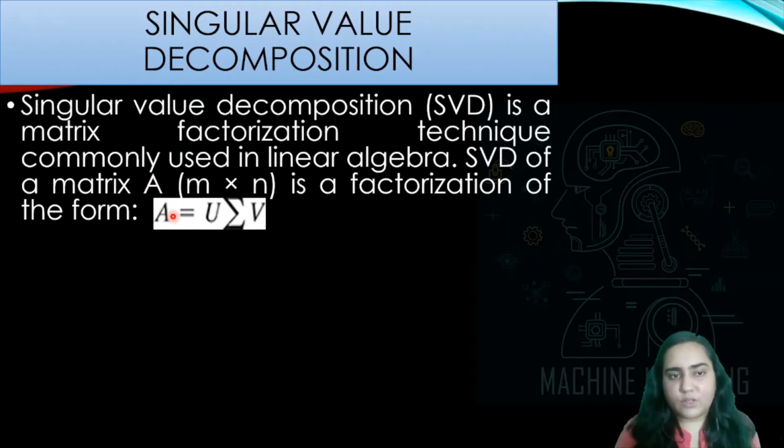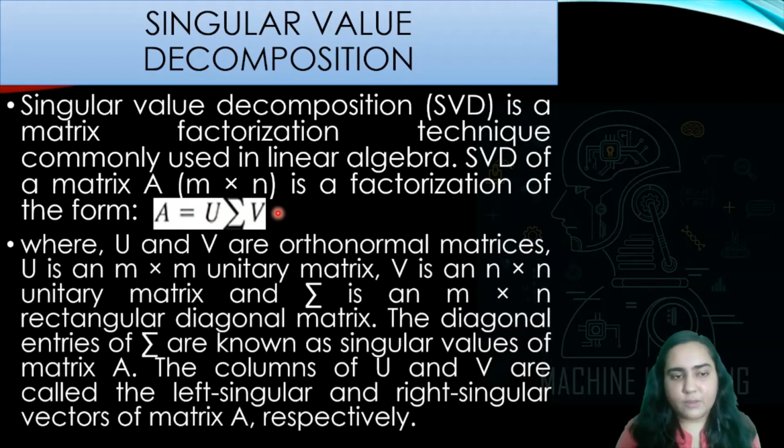So this is the matrix A, which is equal to U sigma V. What are U and V? U and V are both orthonormal matrices, and here U is going to be an m cross m unitary matrix, and V is going to be an n cross n unitary matrix, and sigma is an m cross n rectangular diagonal matrix.